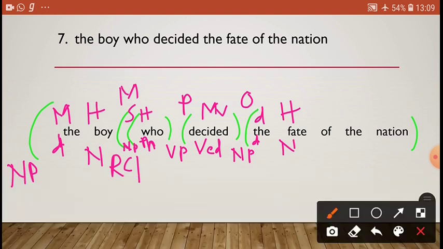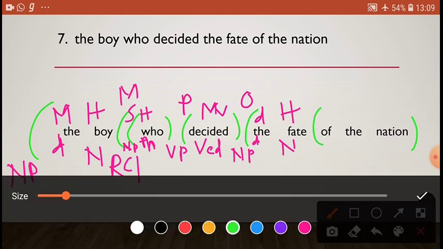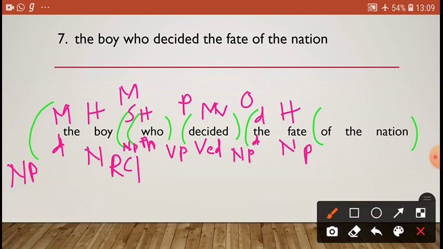It is a prepositional phrase, so we will put here PP, prepositional phrase. It functions as modifier to the head word fate. Of is preposition, the is determiner, and nation is noun. Nation is the head word here, the is the modifier, right? Now all the form and function labels are given.